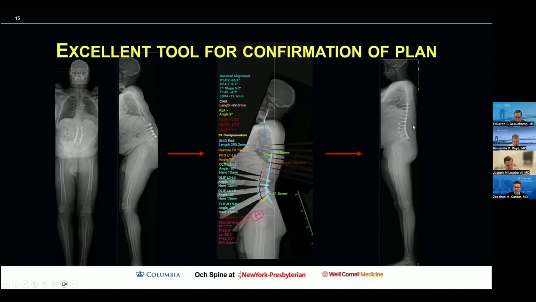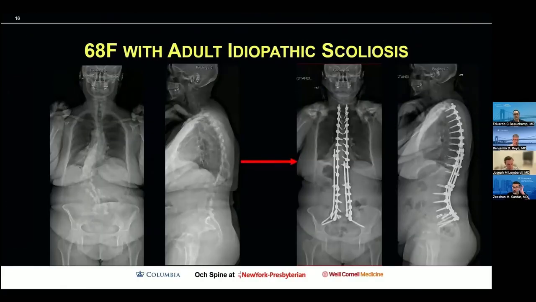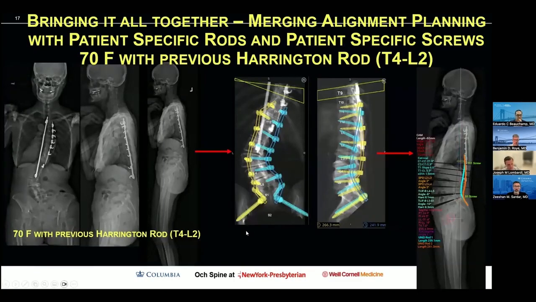And then you can also use these rods to confirm that you actually got the alignment that you had planned for. Here's another case of mine, an adult idiopathic scoliosis patient that again we planned with this software, and we executed the plan as we had planned. Here's a good example of a patient where we bring everything together: the pre-op planning, the robotics used, the custom rods, to really make a customized surgery for this patient.